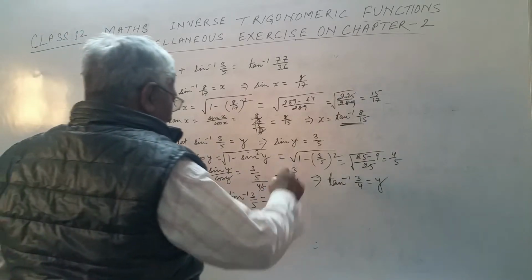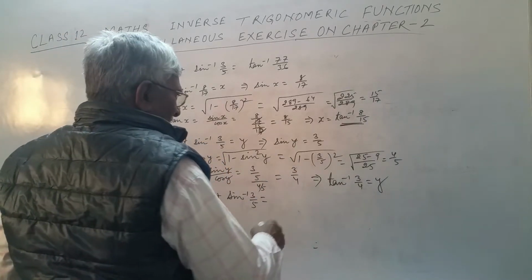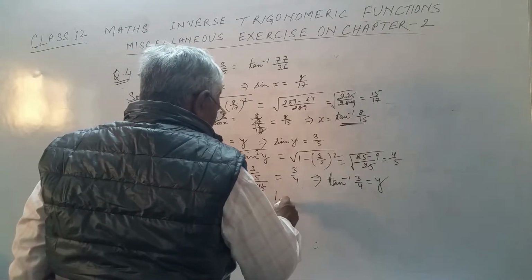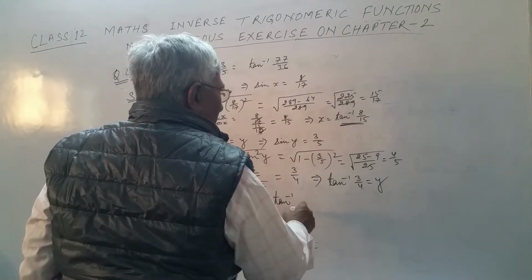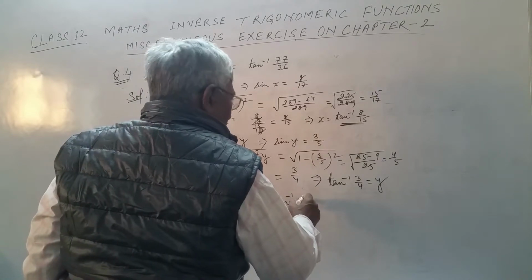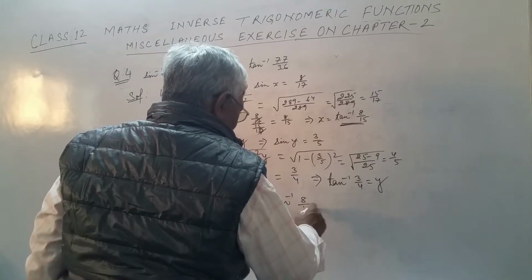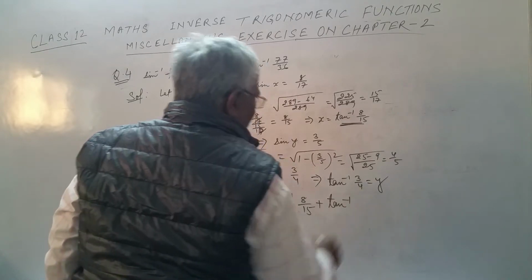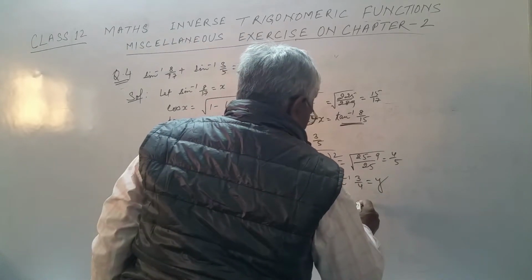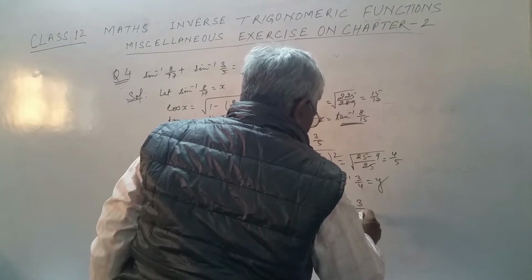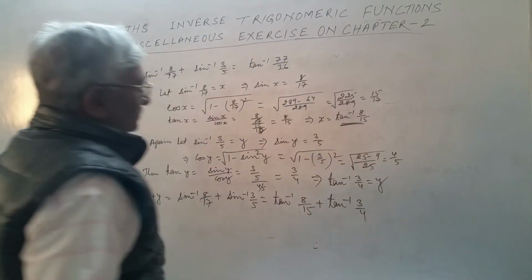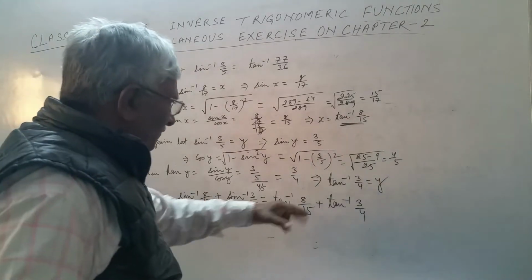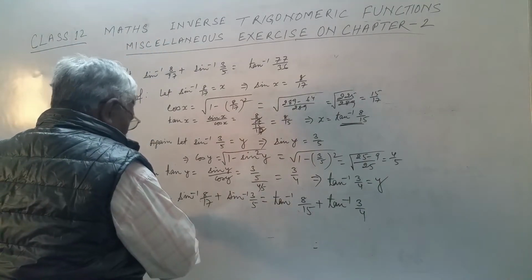So now in the terms of tan, then you will use in the terms of tan. That is equal to tan inverse 8 upon 15 plus tan inverse 3 upon 4. This thing you have got, and you have got the formula for this relation.